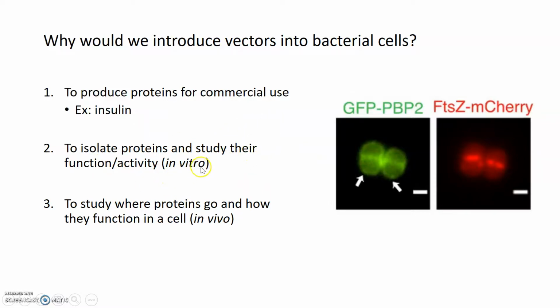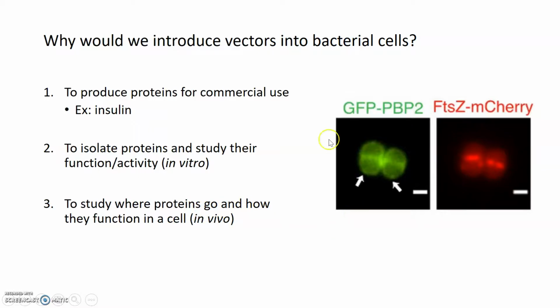And so from vectors that are introduced into bacterial cells, we can isolate proteins and study their activities and their functions outside or in test tubes, or what's known as in vitro. And we can also, in some cases, introduce vectors that will allow us to see where proteins are localizing and going within the cell and how they actually work in a live organism, or in vivo.